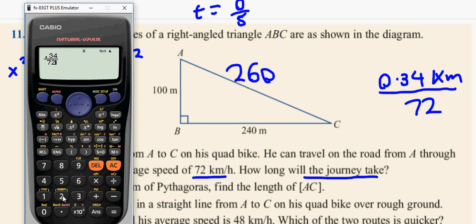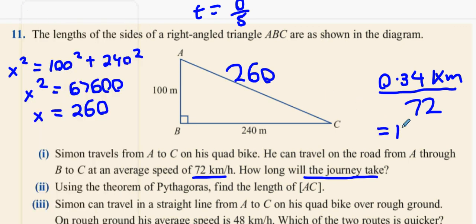And lo and behold, you get 0 hours, 0 minutes, 17 seconds. So, anybody else in class get 17 seconds? Okay, did you use that calculator technique? Excellent.